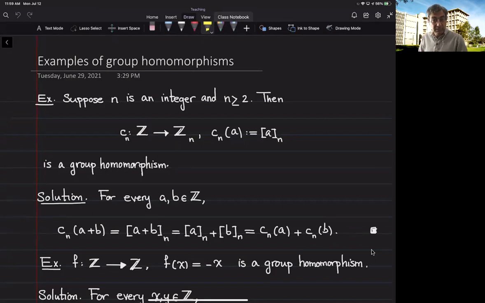We know Z is a group under addition, and it's not a group under multiplication. Think about it. And Z sub n is a group under addition. Again, it's not a group under multiplication. And the claim is that this C sub n is a group homomorphism if I think about Z and Z sub n as additive groups. Okay, let's see why this is the case.